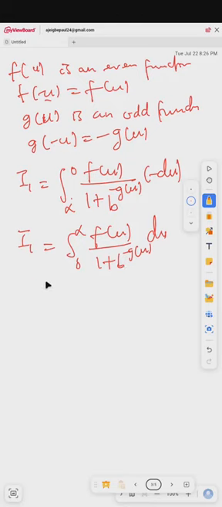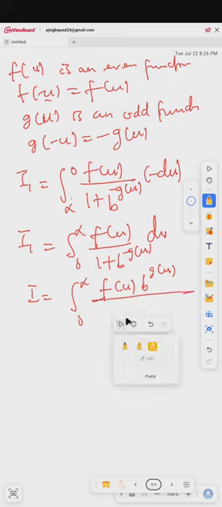So we're going to have I equals the integral from 0 to alpha of f of u multiplied by b raised to the power of g of u, everything over 1 plus b raised to the power of g of u, du. So this is what you're going to have. So that's your I1.